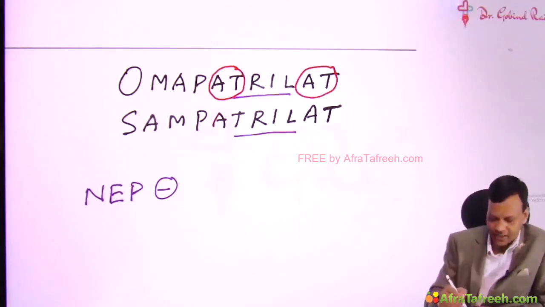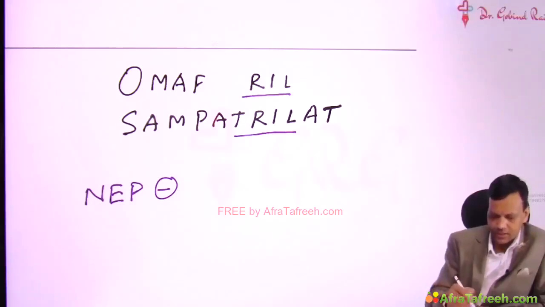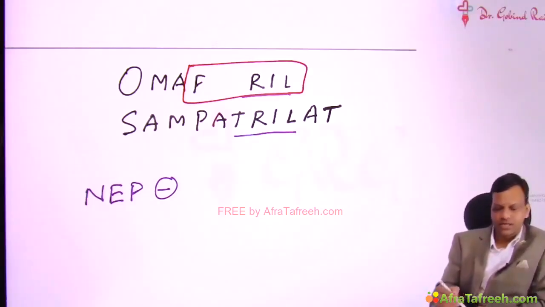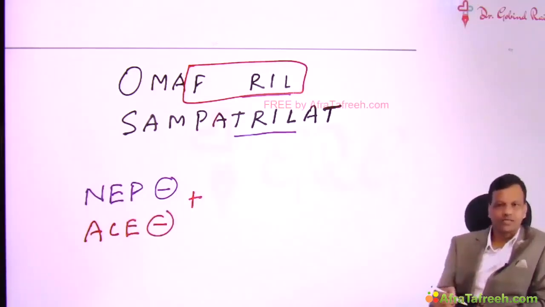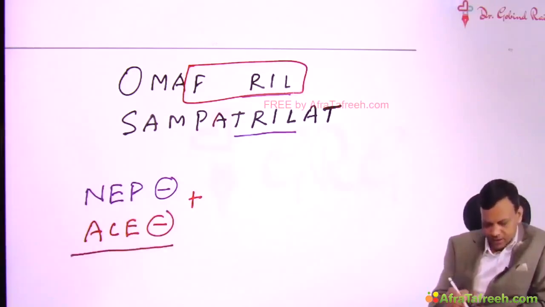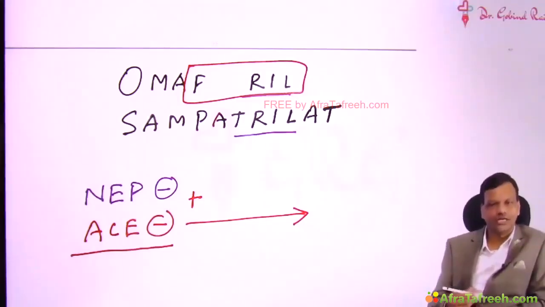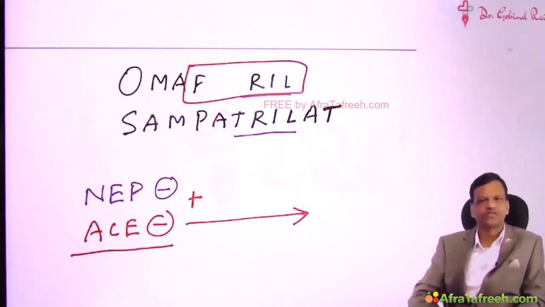What is remaining is prill. So you can find the name contains prill also, and trill also. Prill means ACE inhibitor and trill means NEP inhibitor, so these have both properties. Now because they are ACE inhibitors, they will have the same two side effects. That means they can cause cough and angioedema. Cough and angioedema are the side effects of vasopeptidase inhibitors also.